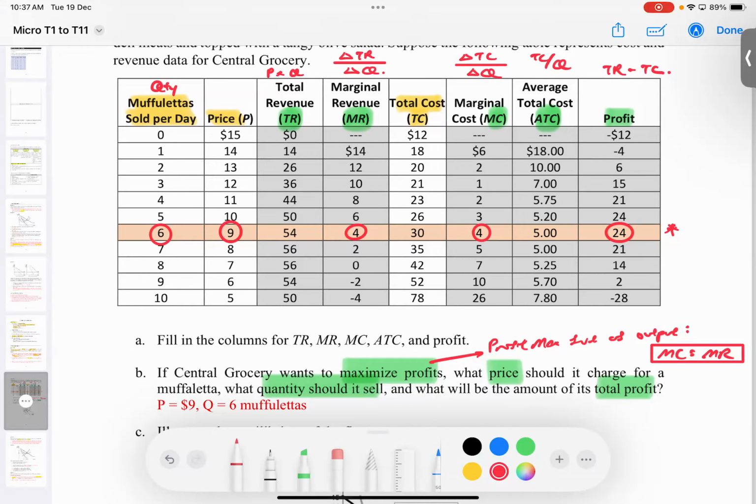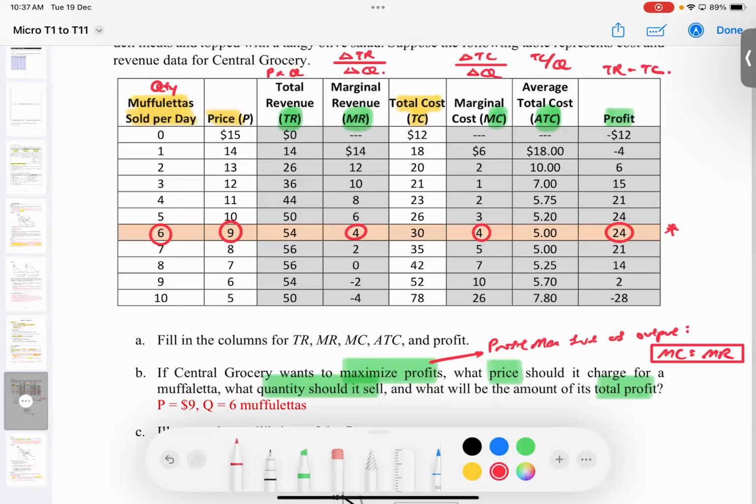Now, in the exam, there could be a situation in which you do not get the same value. The MC and MR are not the same values. It is possible. In that case, when you want to find your profit maximization level of output, you choose the closest one. I repeat, in the exam there could be a scenario in which you cannot get exactly the same values like this one.